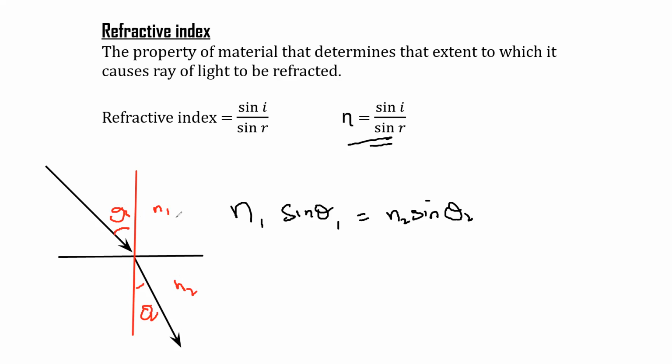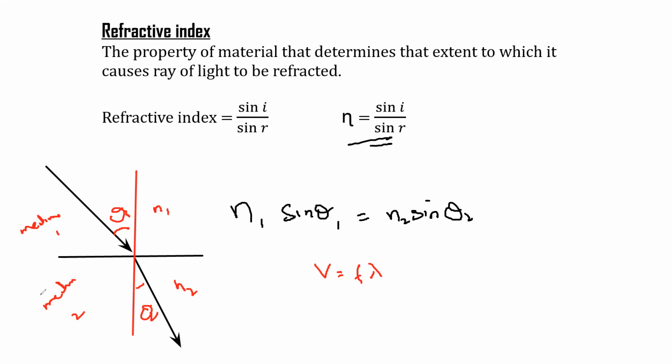So when the light travels from one medium to another, for example, this is medium 1 and this one is medium 2. What we will observe when we compare, we have the formula v = fλ.